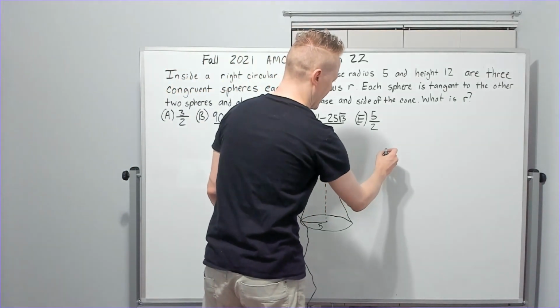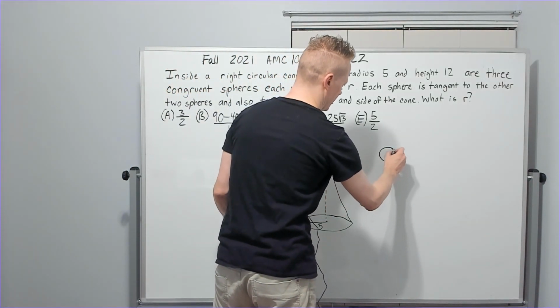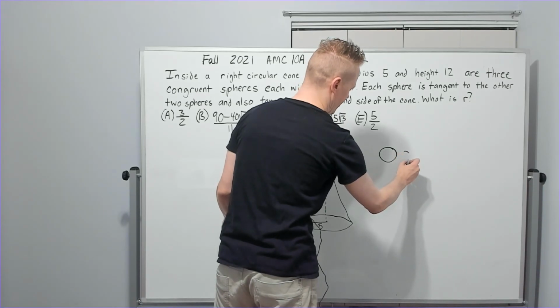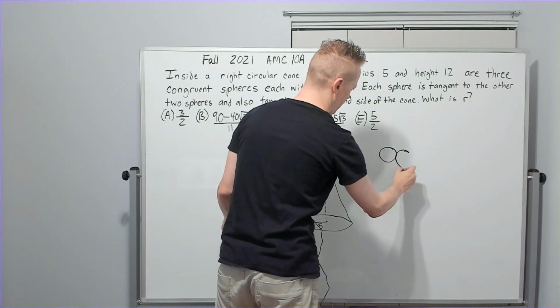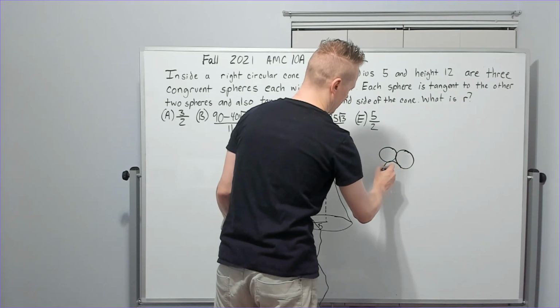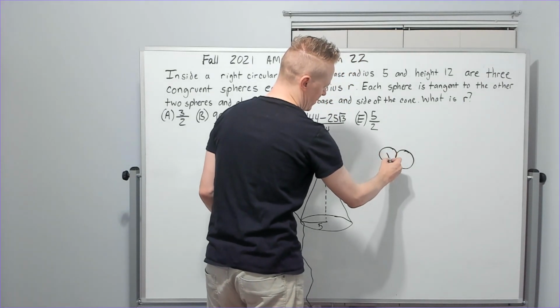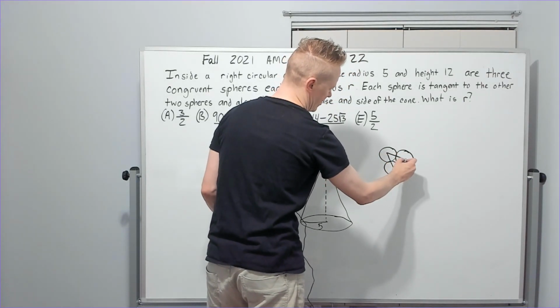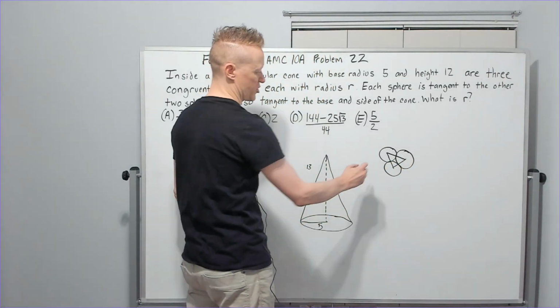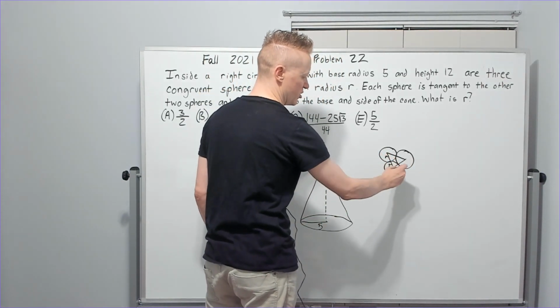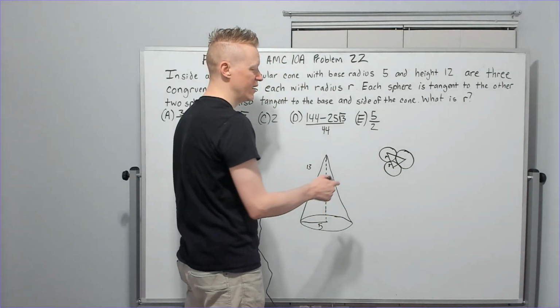So what I'm going to look at here really quickly, I'm going to draw just on the side a top view of what that will look like. You're going to be connecting here, here, and here with an equilateral triangle, each side 2r, so 2r will be the side of the triangle.